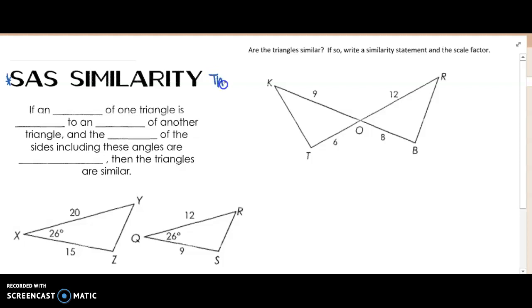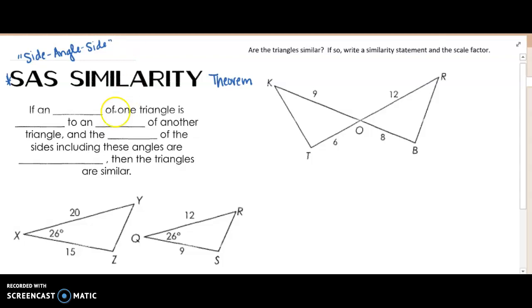All right, so let's look at our last theorem. Once again, I'm going to write theorem right here: the side-angle-side similarity theorem, also called the SAS similarity theorem.